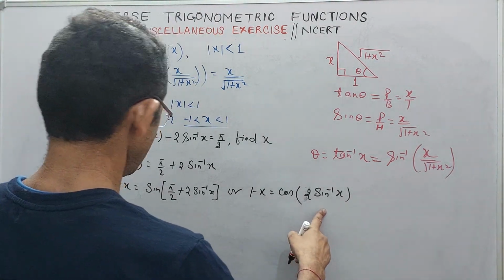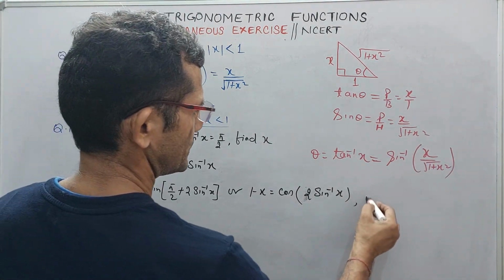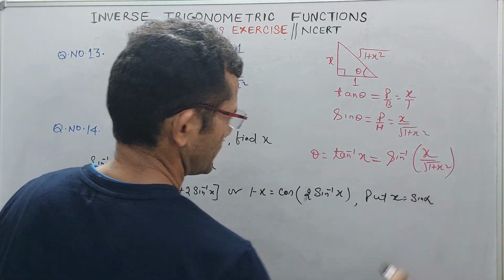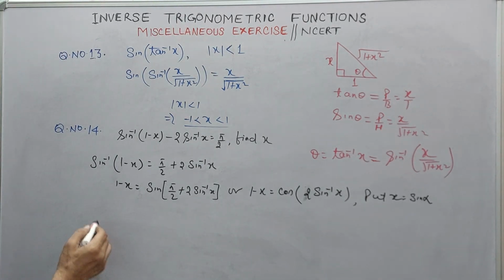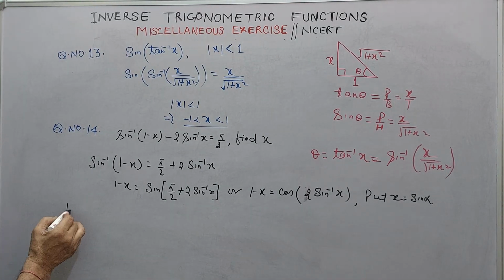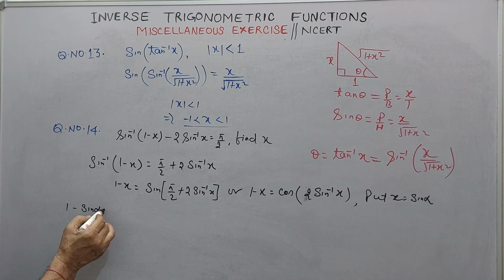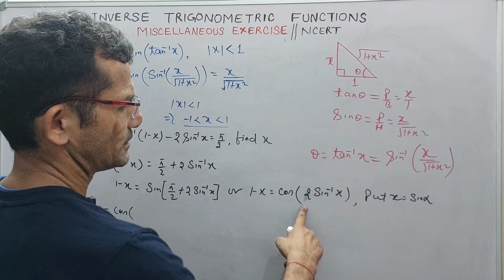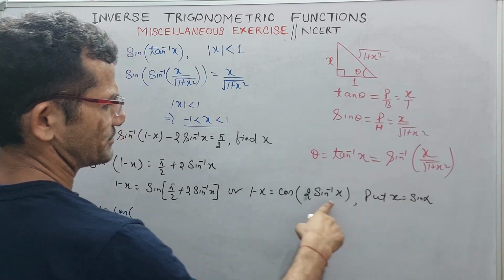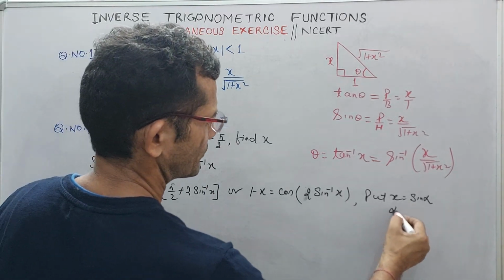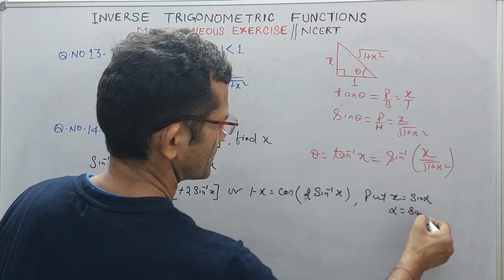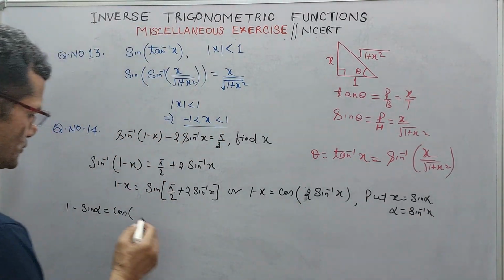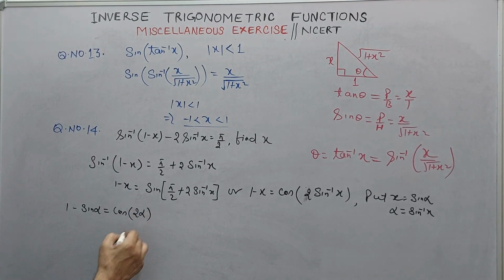Now in this expression, let us suppose we put x is equal to sin alpha. Now the value becomes 1 minus sin alpha is equal to cos of 2 alpha, since sin inverse x is alpha.